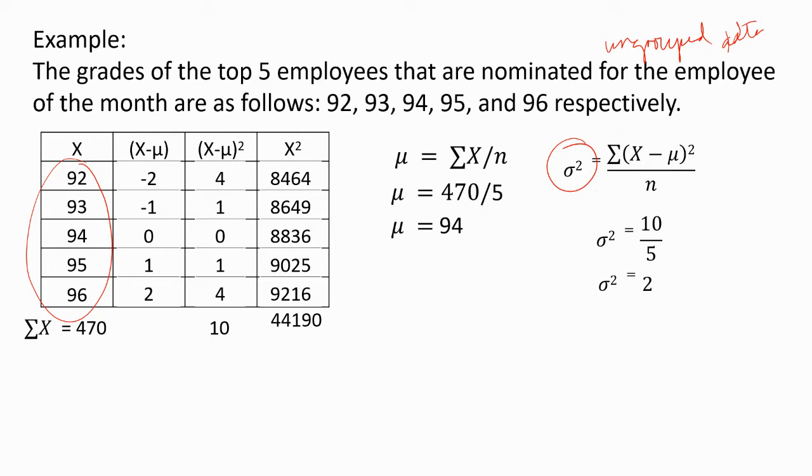So, diretso na lang tayo sa square of the difference between the score and the mean. Okay? So, the sum is 10 divided by the number of items that we have here, which is 5. Therefore, the variance is 2.